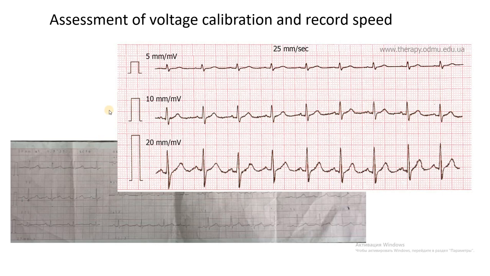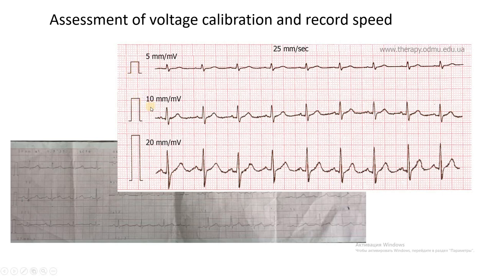Assessment of the voltage calibration and record speed. Usually we record calibration with 10 millimeters. If you look at this picture, these 10 millimeters are high. If sometimes necessary, we can increase the amplitude of waves 2 times, to 20.